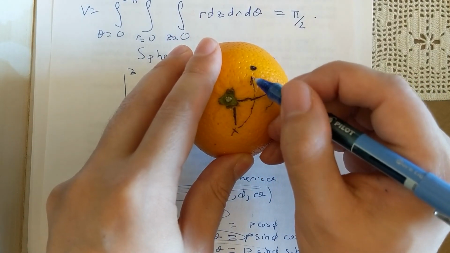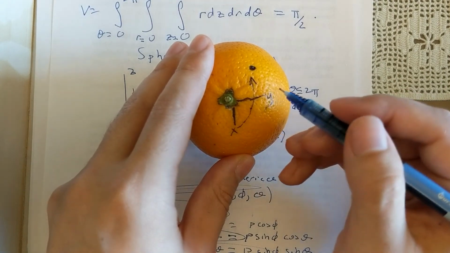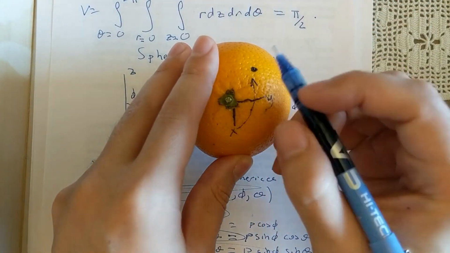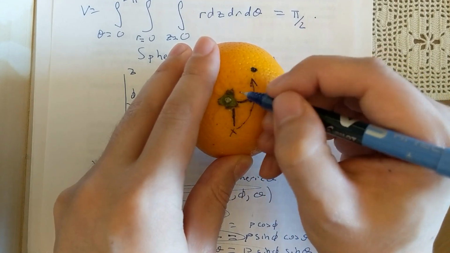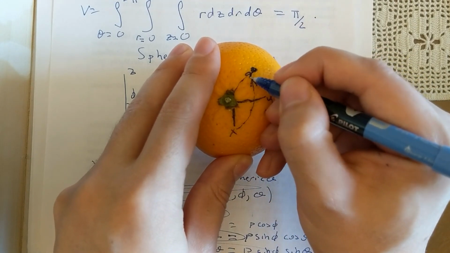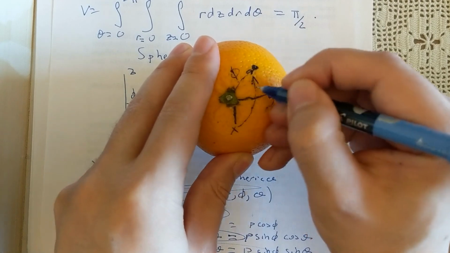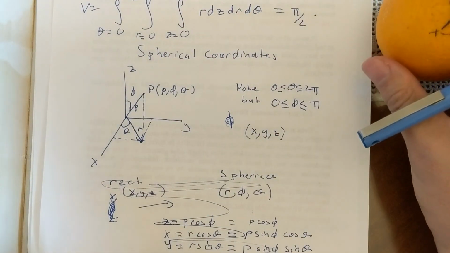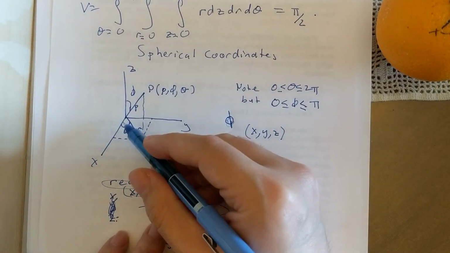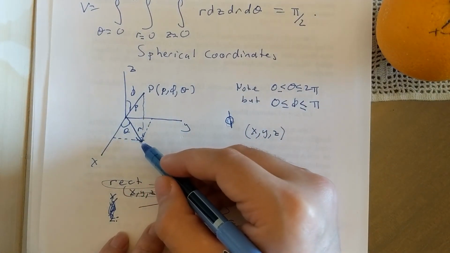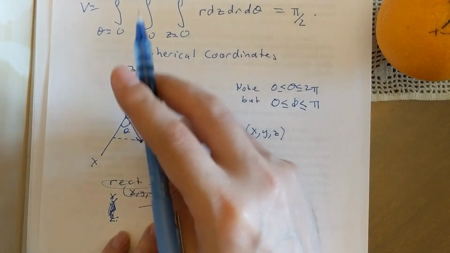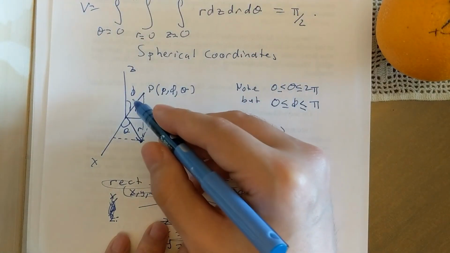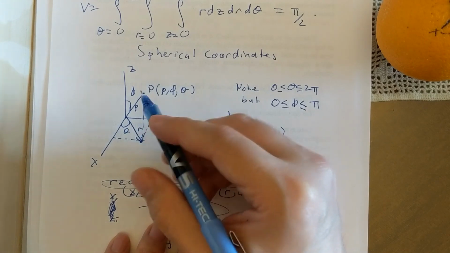This angle is going to be theta, and the angle from the positive z-axis, that would be phi. So let's go back to my horrible picture. The amount you need to rotate from the positive x-axis is theta, and the amount you need to rotate from the positive z-axis downwards is called phi.